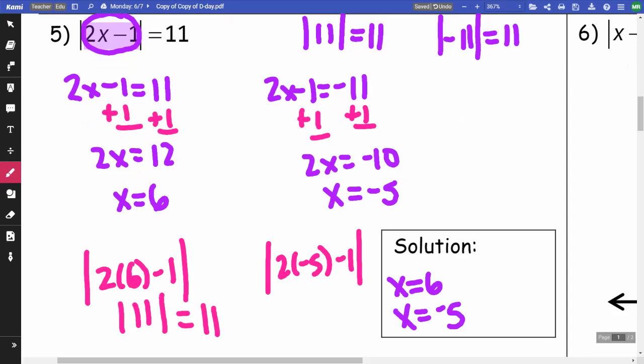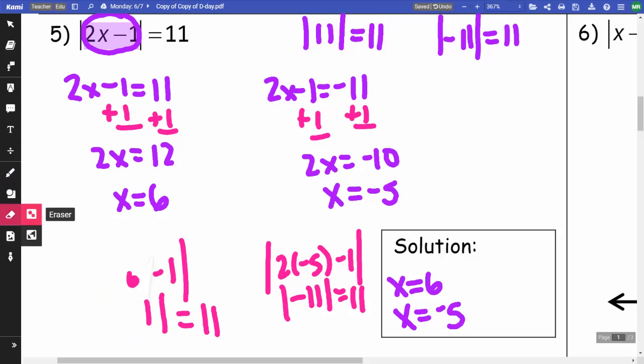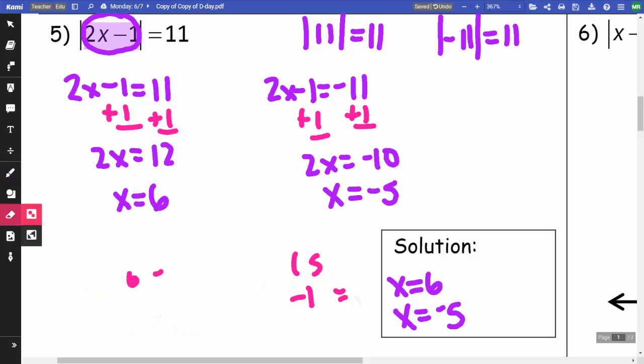Negative 10 minus 1 is a negative 11, but the absolute value of negative 11 is 11. So both of them work. That's why I take what's inside my absolute value and set it equal to the positive 11, and I take what's inside my absolute value and set it equal to a negative 11.